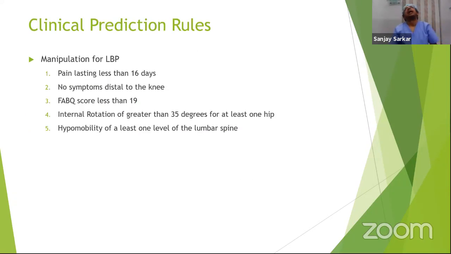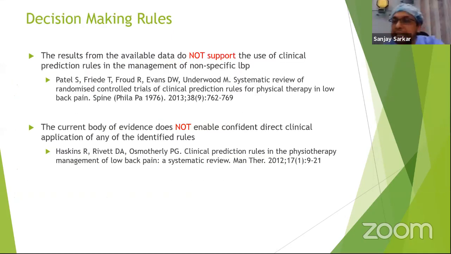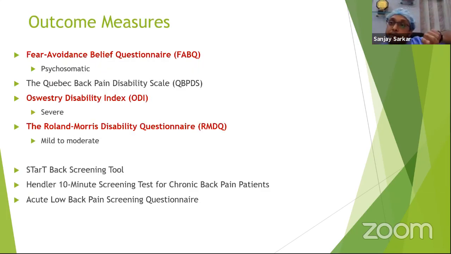Okay. As I said, because CPR, that is clinical prediction rule, is so variable, it is very difficult for you to predict. And since we don't have many decision-making rules, cluster analysis helps us decide on the diagnosis, and we have an outcome measure.